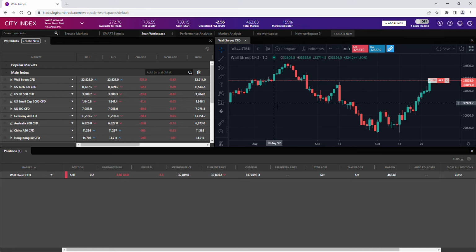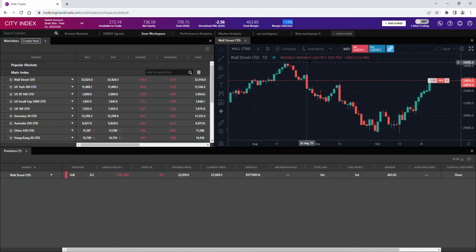So how do we see the margin indicator, and what should we watch out for when we are near a margin call? A margin call means that if your margin indicator, this percentage, drops to 50%, once it goes below or reaches 50%, we will start to liquidate all your positions.